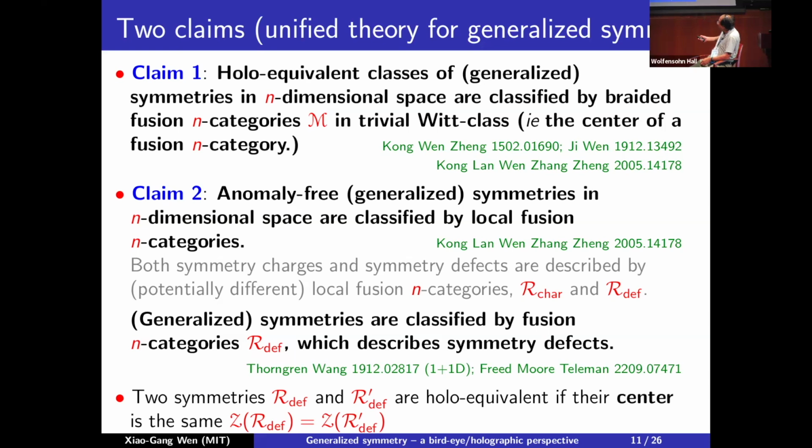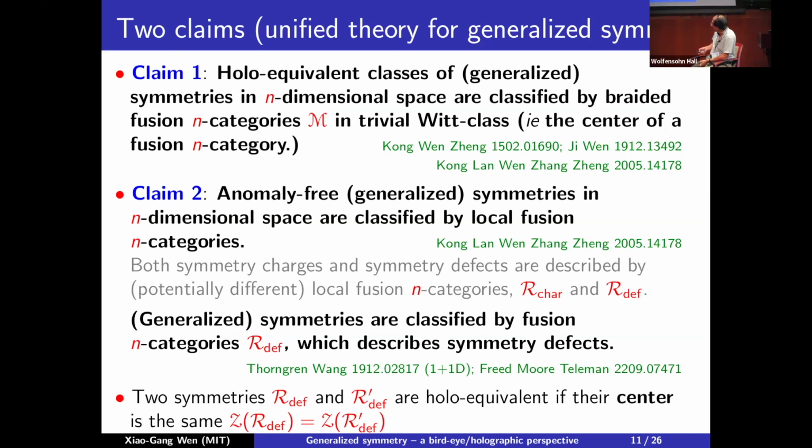The second claim is for symmetry itself: anomaly-free symmetry in n-dimensional space is classified by a so-called local fusion n-category. If you drop the anomaly-free condition, then you have a very natural result: general symmetries are classified by fusion n-categories. So these two claims use some fancy mathematical notions like category and local category.